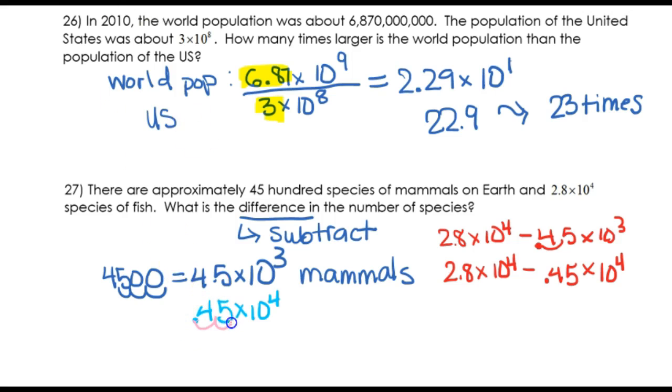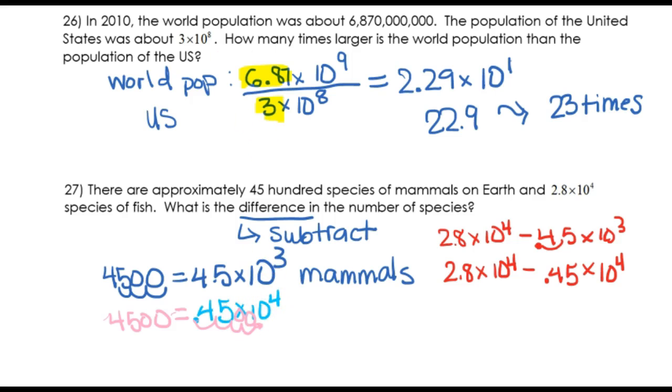So 1, 2, 3, 4. It puts my decimal place here. I have 2 zeros. Move that over so it's neater. And again, I have 4,500. That is why 4.5 times 10 to the 3rd is the same as 0.45 times 10 to the 4th.